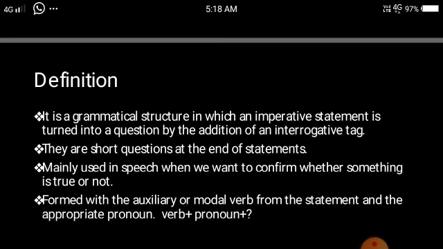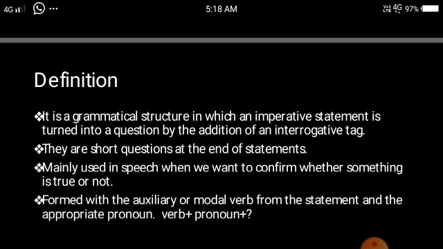When I said that, I made the statement that you have to form it by using an auxiliary or a modal verb.